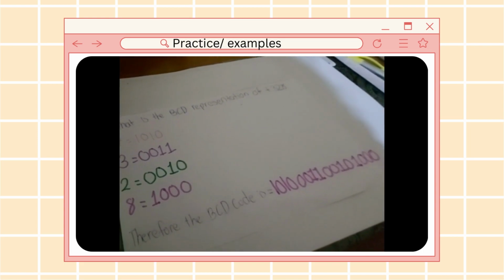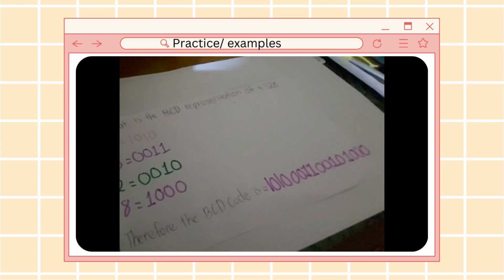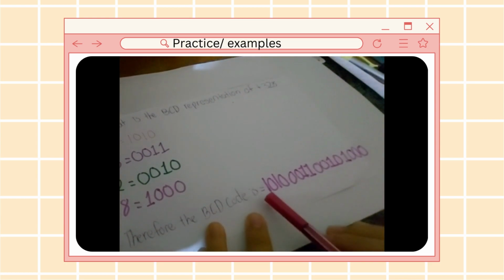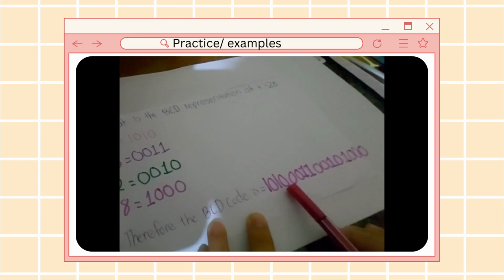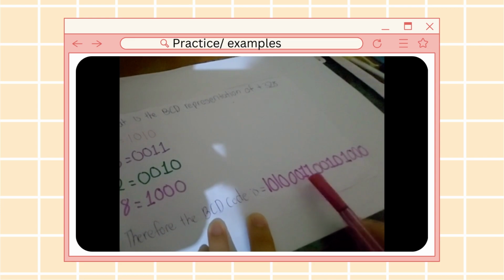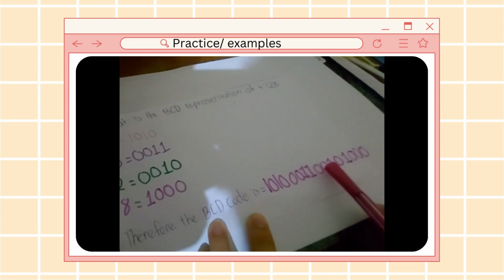Therefore, the binary code will be 1, 0, 1, 0, 0, 0, 1, 1, 0, 0, 1, 0, 1, 0, 0, 0.